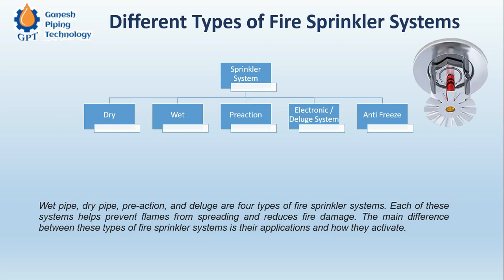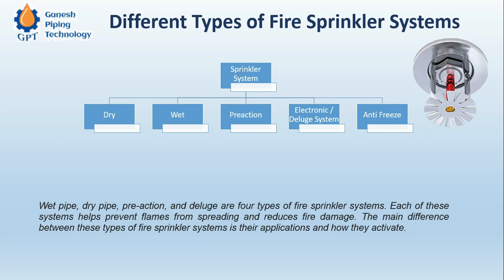Now we will see the different types of sprinkler systems. We can see here a chart. One is the dry sprinkler system, the other is the wet, then pre-action, electronic deluge system, and antifreeze system. The wet pipe, dry pipe, pre-action, and deluge are four types of sprinkler systems.